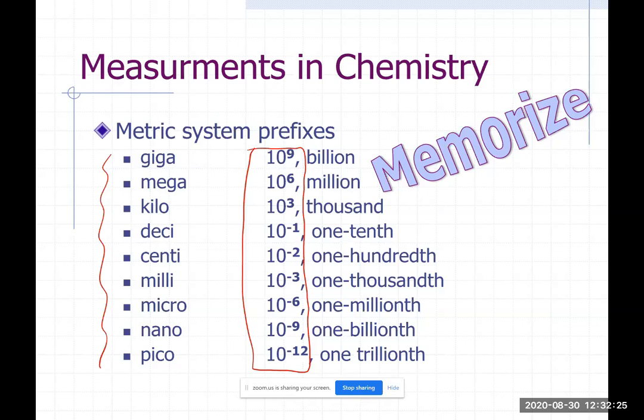But what I want to bring to your attention is that when we look at scientific notation, and we will be very soon, if we look, for example, at giga, 1 times 10 to the 9, I just want to point out to you that this 1 is called a coefficient.